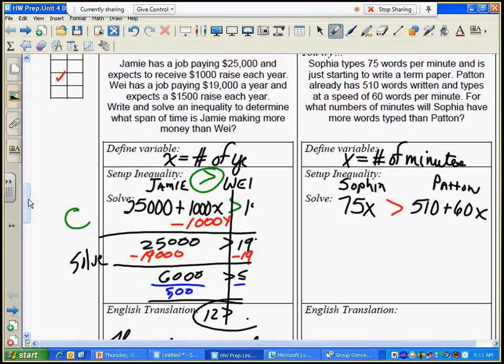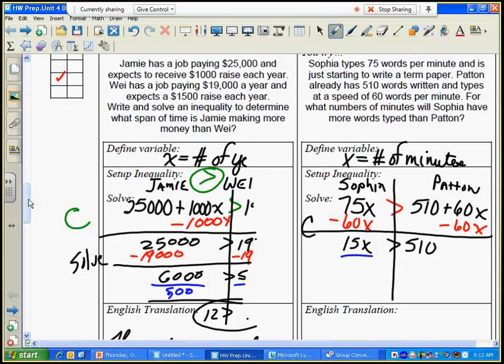Okay, let's solve. We need to collect, so I'm going to go ahead and subtract 60x from both sides. Okay, then we'll divide away that 15. This may not come out to be a perfect answer, but that's all right.